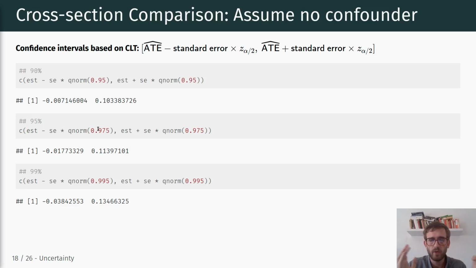For now, the way we can think about this is that there is so much uncertainty around this point estimate that we're not able to confidently conclude that the effect in the cross-section comparison is not equal to 0. Okay.